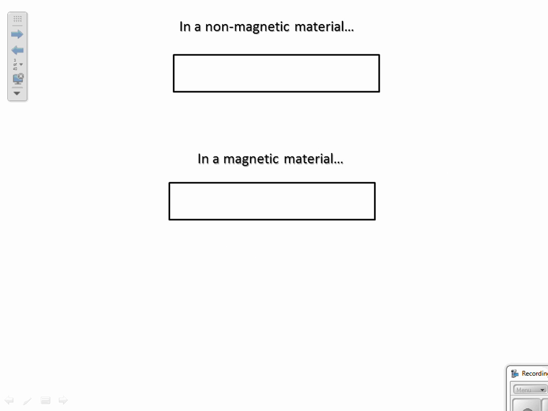Now, what makes things magnetic or non-magnetic? Well, the deal is that in everything there are little tiny what we call magnetic domains, right? And we could say that the domains are kind of like a bunch of little bar magnets inside anything, just like a compass.